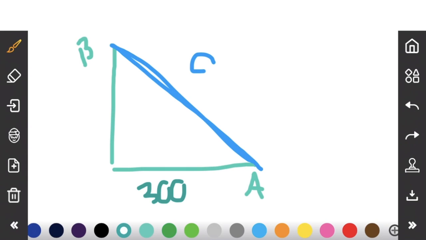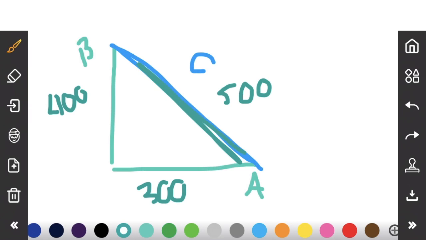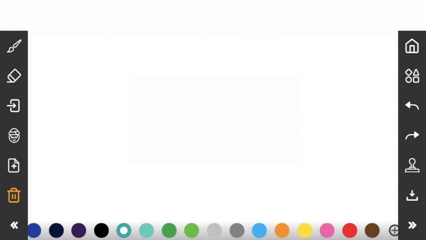And at t equals 2 for B, it went 400 meters. So that means just using basic geometry and knowing what a 3, 4, 5 triangle is, we know that C went 500 meters. Right here, this is 500 meters. Okay, so we'll write out Pythagorean Theorem.